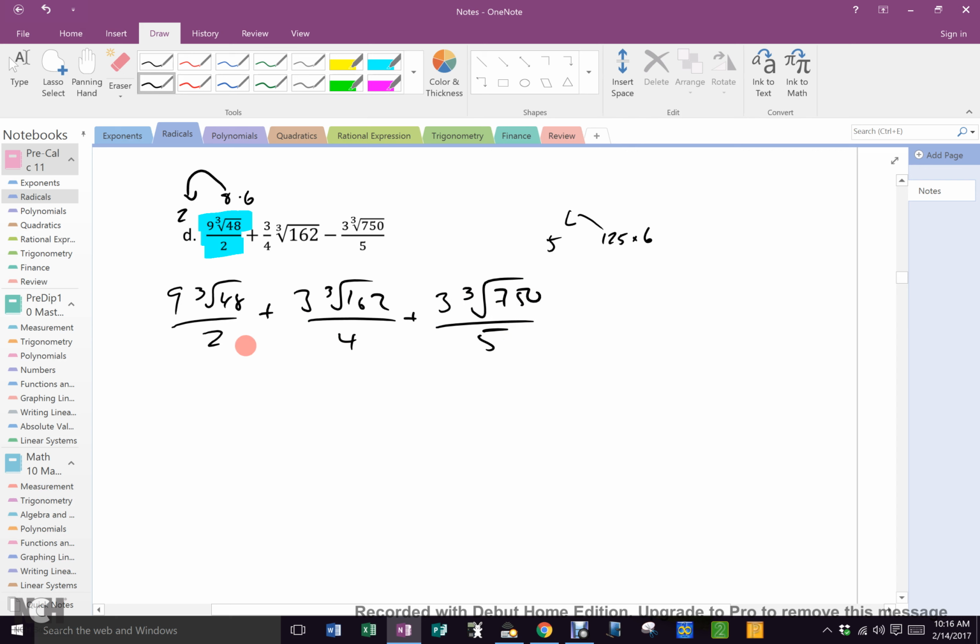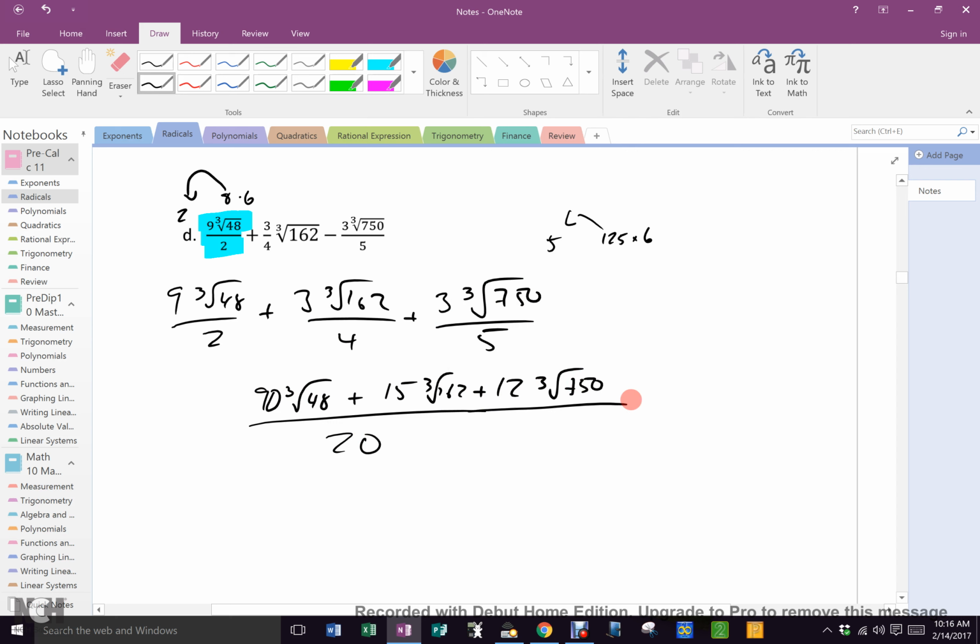If I'm going to add those up, don't I need a common denominator? Which is 20. So 90 cube root 48 plus 15 cube root 162 plus 12 cube root 750. Are we still okay? Everything over 20? Then simplify, then add. Oh, it was minus.